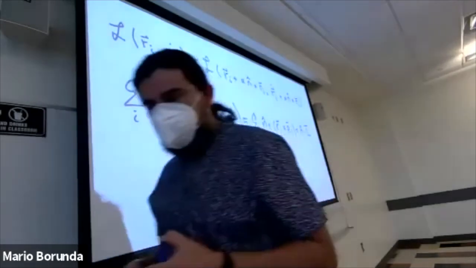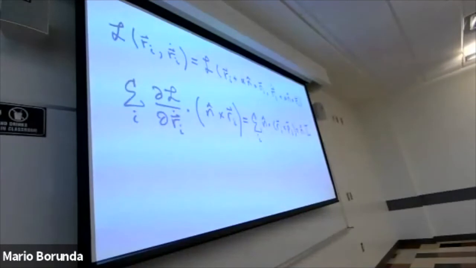So now we see that the isotropy of space means that L, the angular momentum, is rotationally invariant. And that means that the total angular momentum of the system is conserved. Make sense? All right.